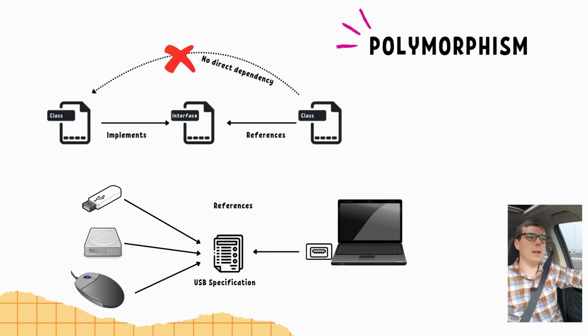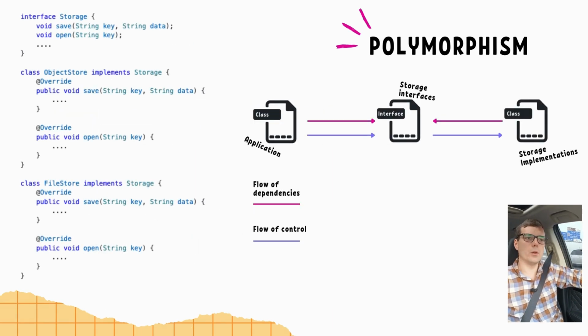I have seen large projects where there are libraries of interfaces, just libraries with interfaces, and other libraries implement those interfaces, and some applications depend on the library of interfaces, while the libraries that implement those interfaces are plugged in on demand. For example, let's think about a storage.